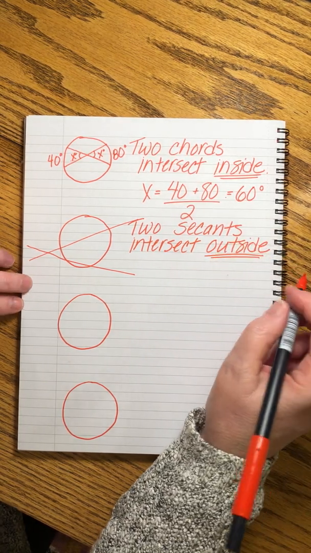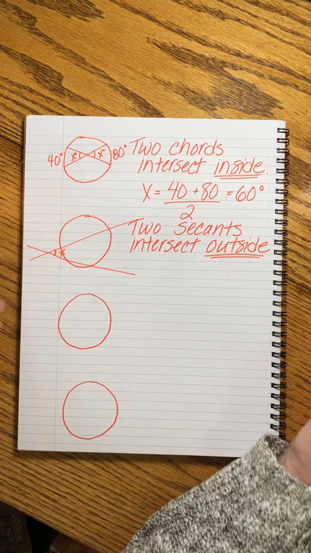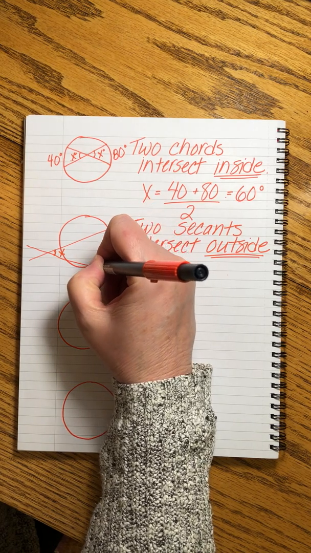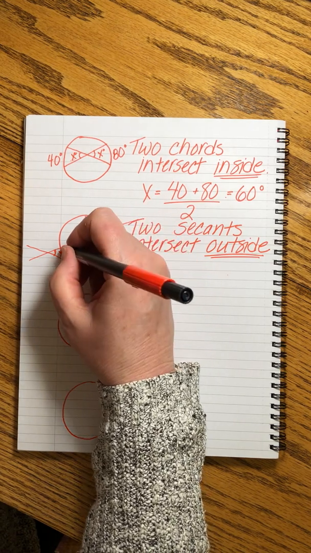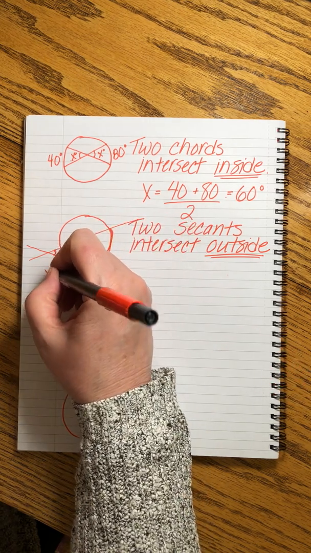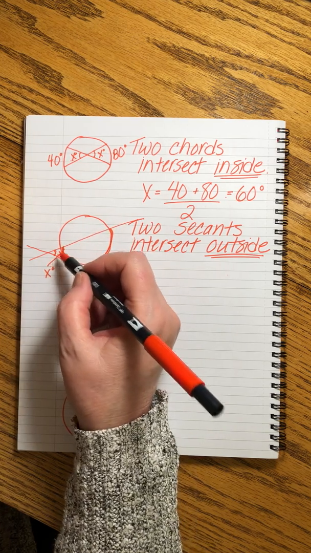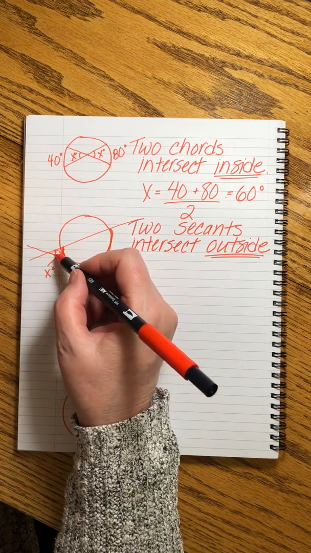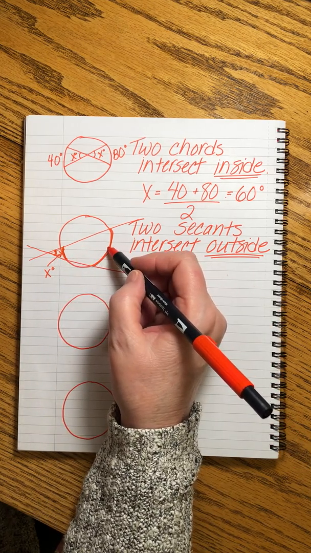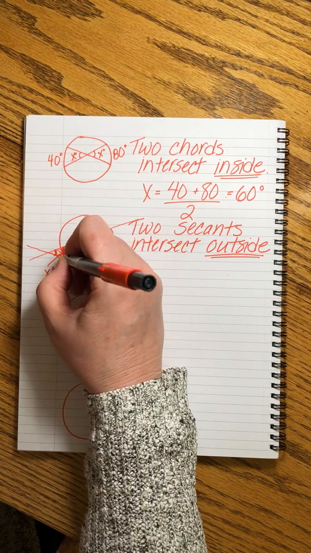Okay, we want to find this angle here. We're calling that X. Now, in order to find the size of that angle, we need to know the 2 intercepted arcs. All right, let me draw the X out here and make it pointing in because that's too crowded. We want to know the size of this angle. In order to find that, we need to know this intercepted arc and this little one in here.